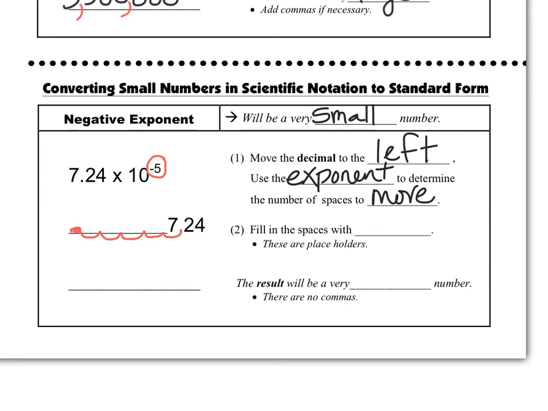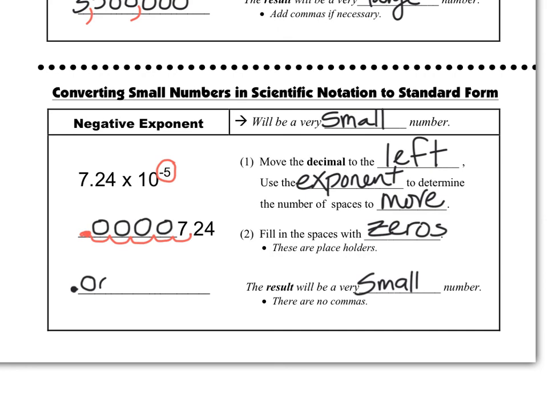So I'm going to fill in the spaces with zeros. And my result is going to be a small number. So let's see what my number is here. Here's my decimal point. And my number is 0.0000724.